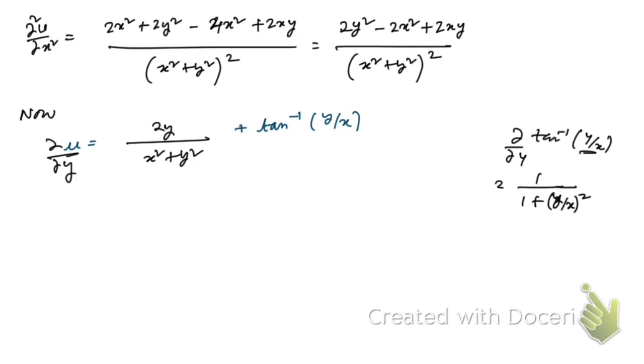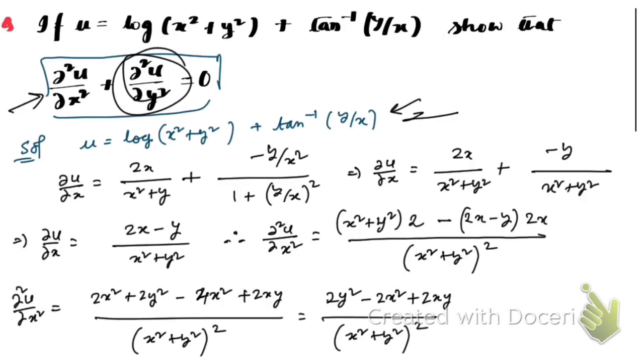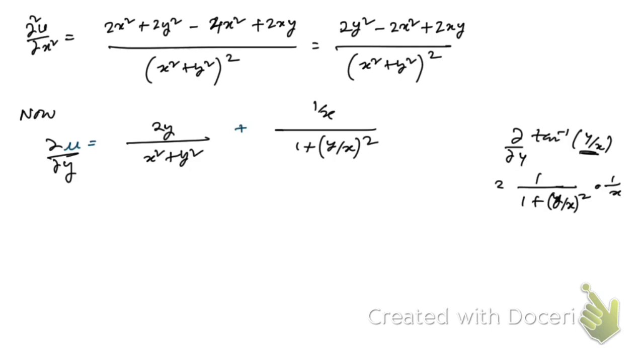Then if you differentiate y by x with respect to y, 1 by x is constant and the derivative of y is 1, so here we get 1 by x. So here it can be replaced by this result, 1 by x by 1 plus y by x whole square, right? So we have differentiated this one with respect to y, right? Hope you have understood this.